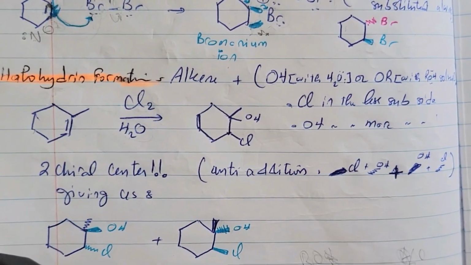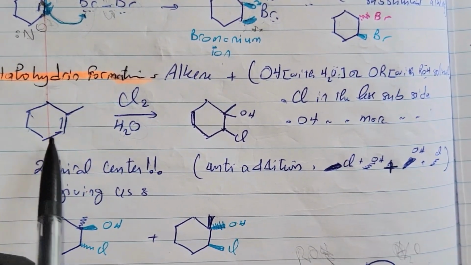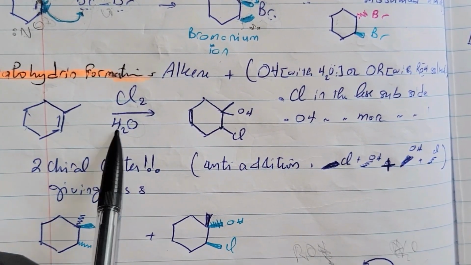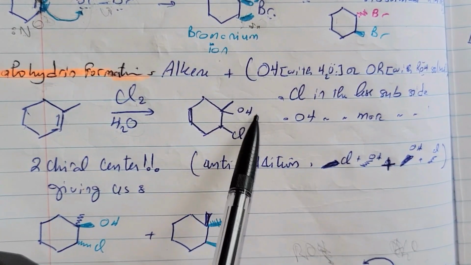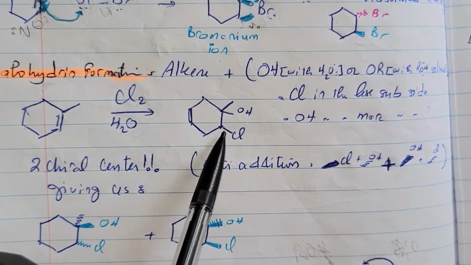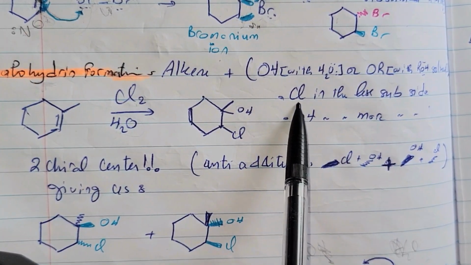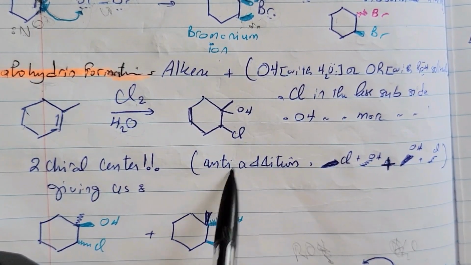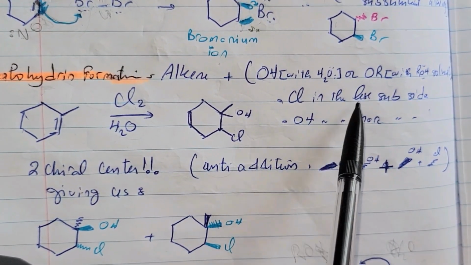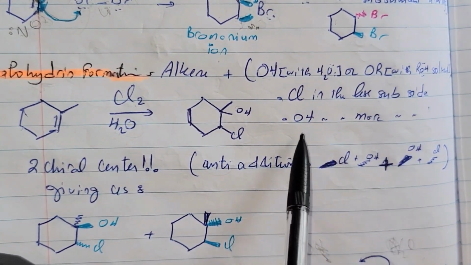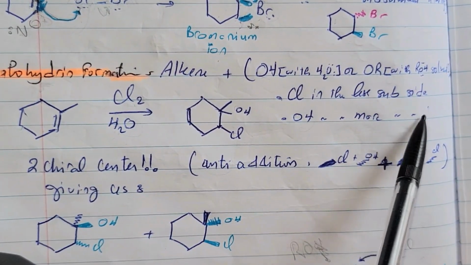So let's talk about stereochemistry here. If we have cyclohexene reacting with the chlorine molecule in the presence of water, as we explained, we're going to have an OH and a chlorine atom. Since it's an anti-addition reaction, we have the chlorine on the less substituted side and the OH on the most substituted side.